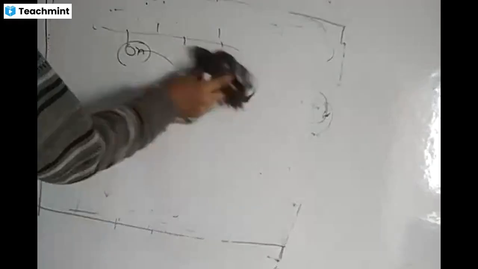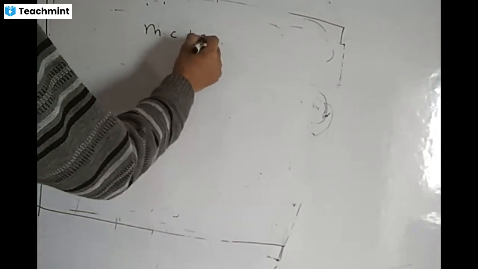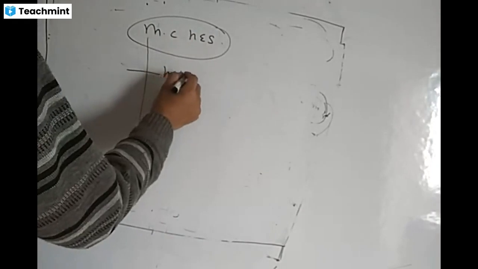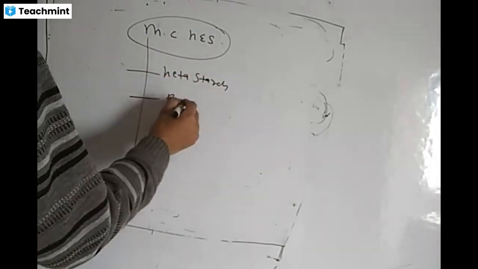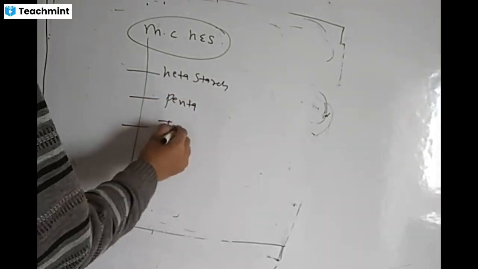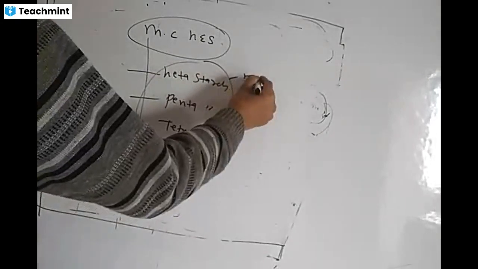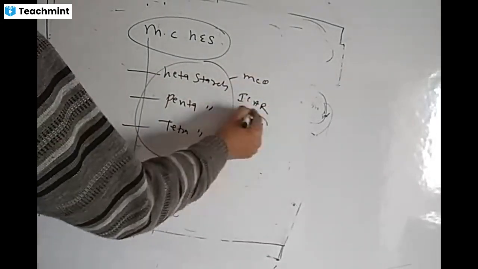These hydroxyethyl starches are of three types. More commonly used hydroxyethyl starches in vet practice are hetastarch, pentastarch, and tetrastarch. This was an MCQ asked in ICAR NET 2021.